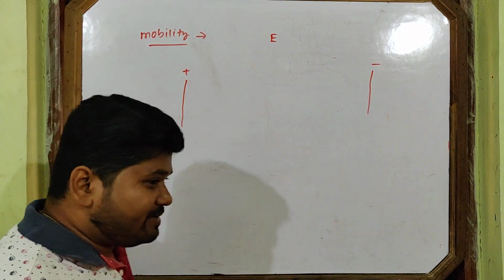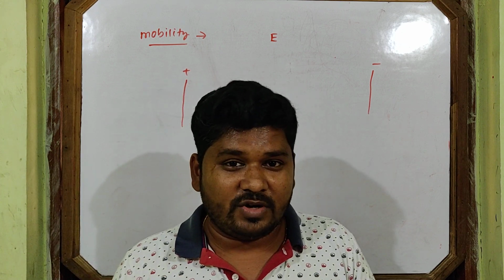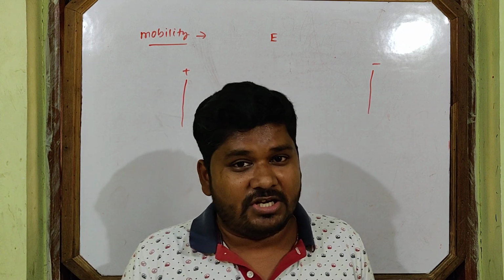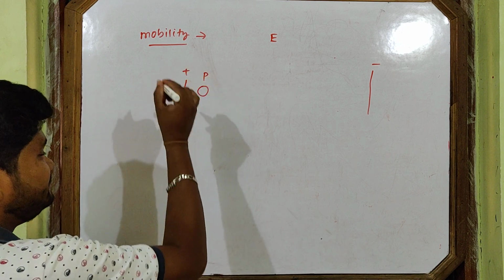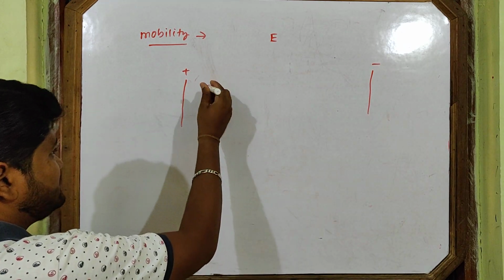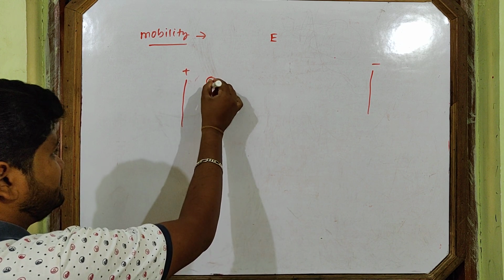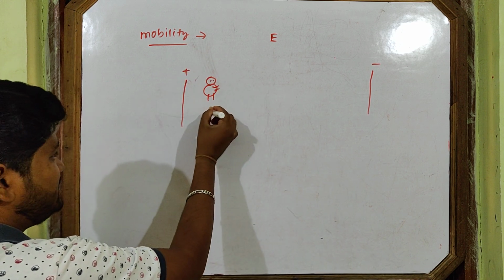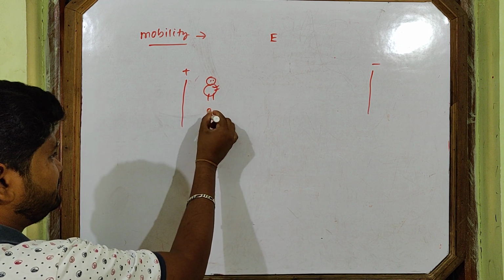Now I am going to do a running race between a proton and an electron. Let's keep one proton here. Now the proton will run. And this is the electron.